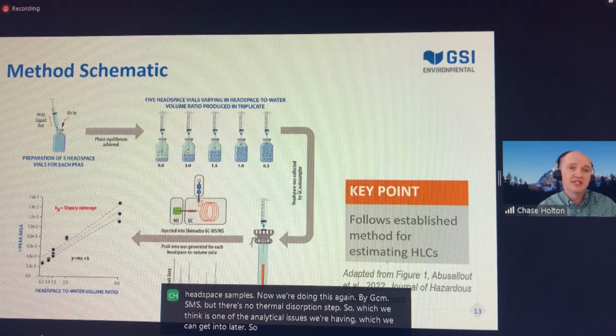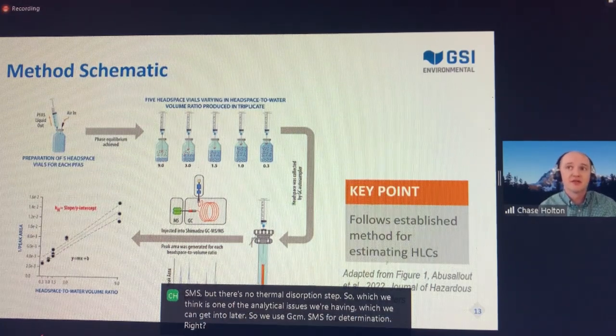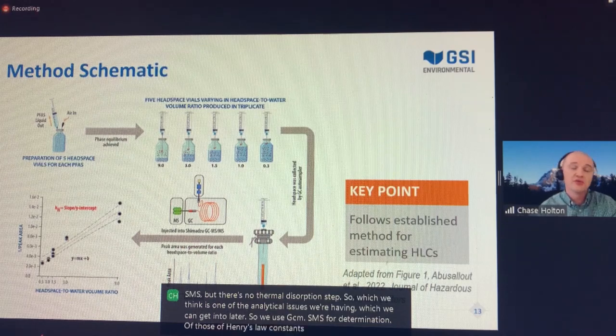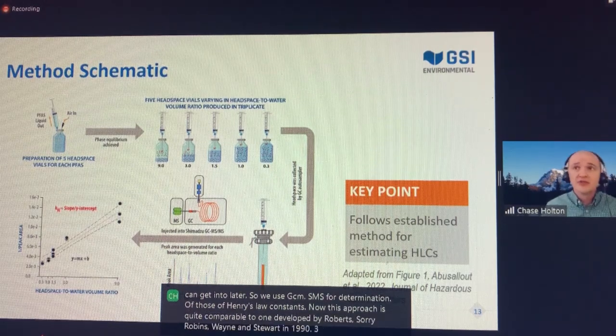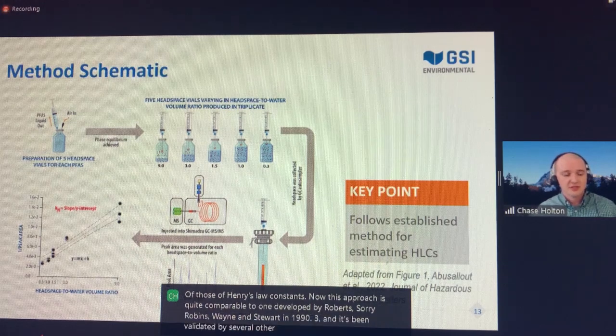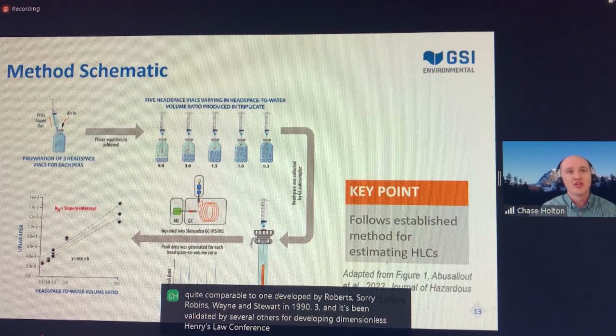So we use GC-MS for determination of those Henry's law constants. This approach is quite comparable to one developed by Roberts, Wang, and Stewart in 1993, and it's been validated by several others for developing dimensionless Henry's law constants for low concentration contaminants in environmental matrices.